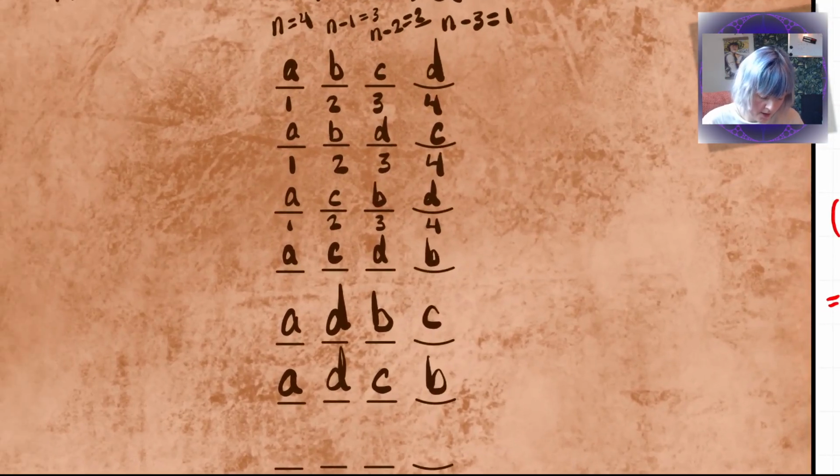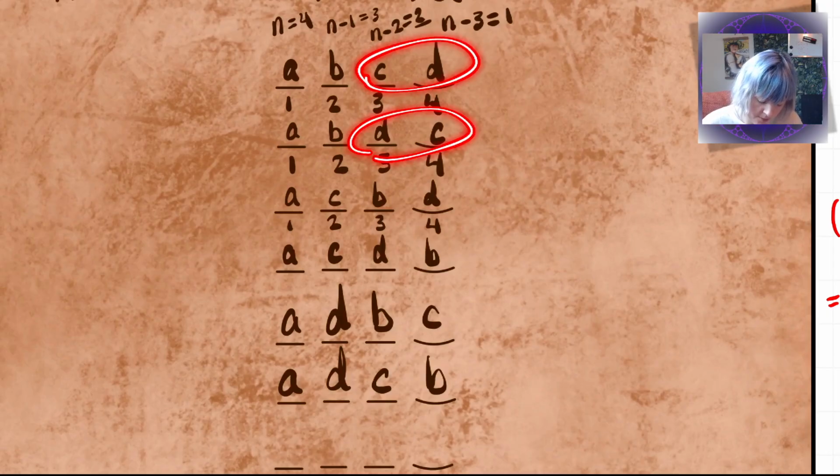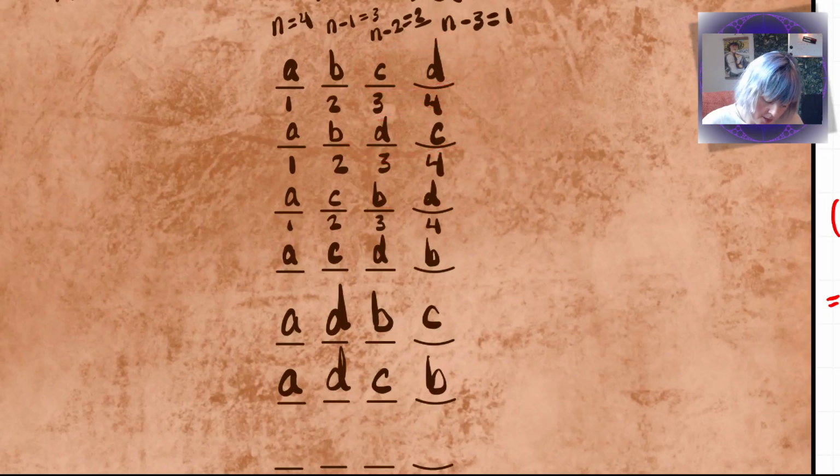Even if I just have one, I can do that. Basically, every time I am swapping these 2 here, I am doubling the amount of these 2 here. I am doubling the amount of arrangements that can have B.